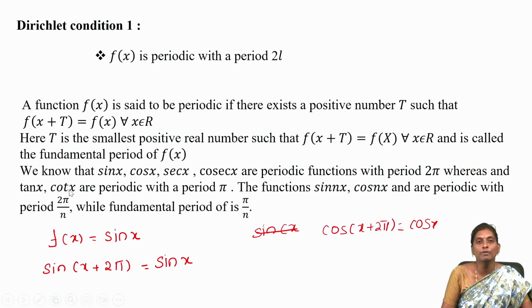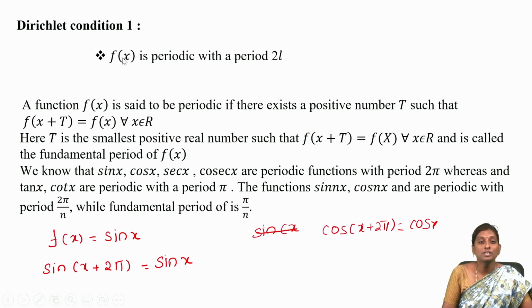These are very well-known values. And the functions sin nx and cos nx are also periodic functions with period 2 pi by n, while the fundamental period is pi by n. So 2 pi by n is the period of sin nx, cos nx, secant nx, and cosecant nx. This is the first condition.